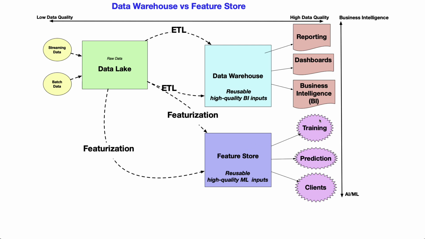The feature store is what you would use to train models, unsupervised and supervised machine learning models, and also to do predictions, and the clients themselves would get access to the reusable, quality machine learning inputs. So it has a lot of similarity, except the users are not things like dashboards, they're machine learning systems.